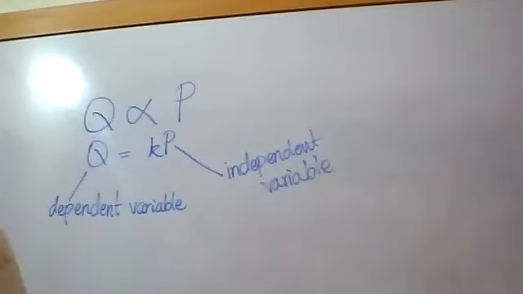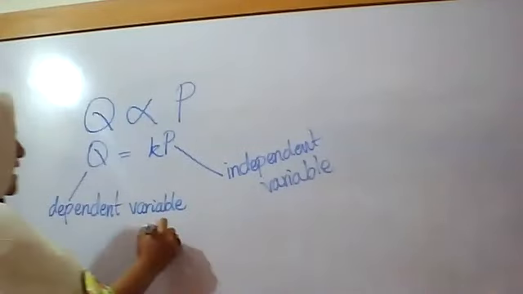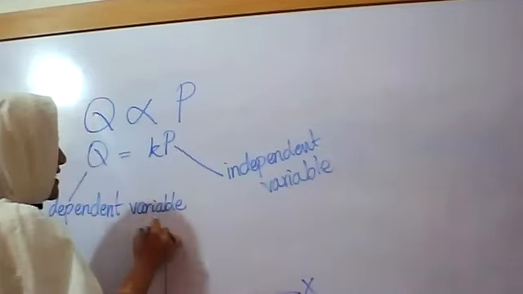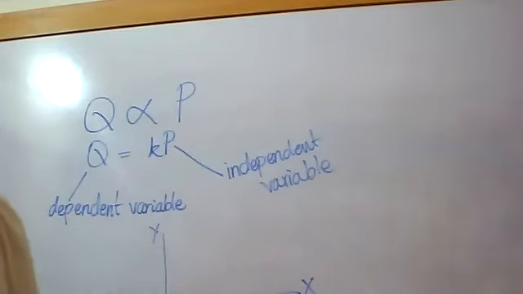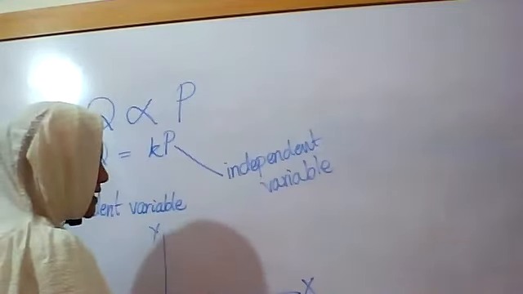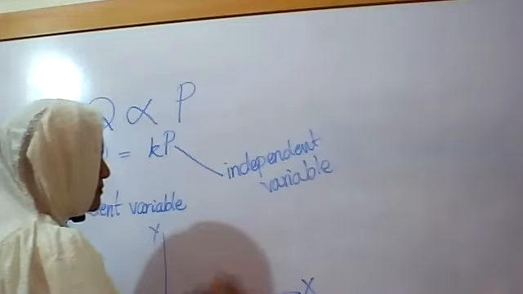I'm not talking about the answer. Listen. In a graph, you have 2 axes, the x-axis and the y-axis. Always remember, your independent variable will come on the x-axis.